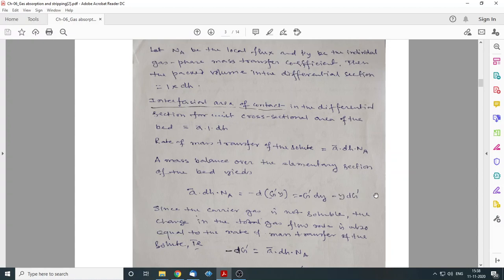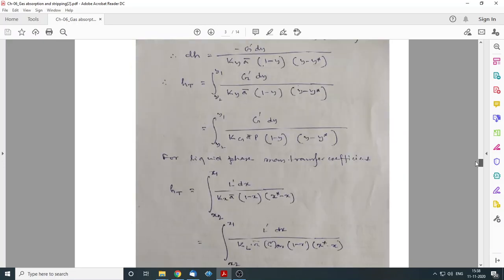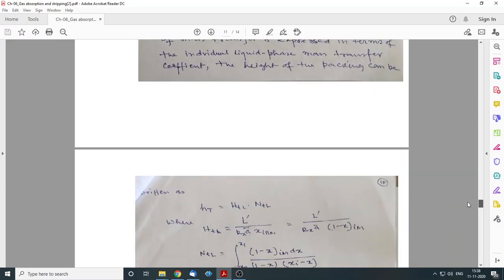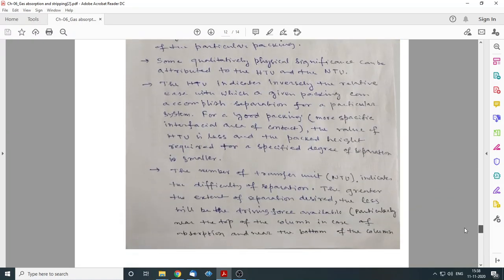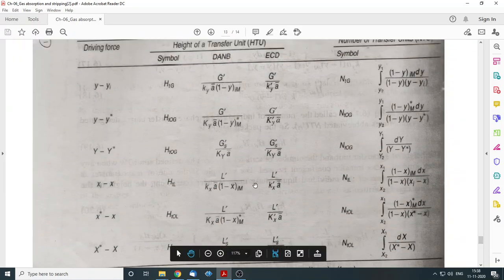This term will not be there. So that 1 minus Y term won't be there. If you redo this calculation, you will end up with this equation.